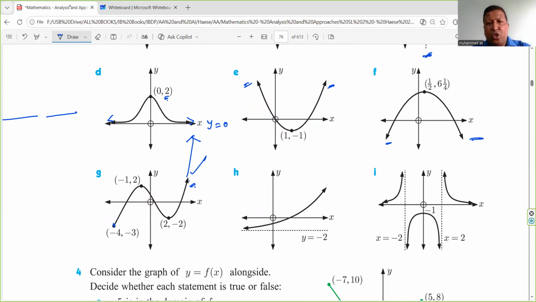Number H. Here x belongs to real numbers, because we can take any x value. And for the range, we can take any y value, but y must be greater than -2.